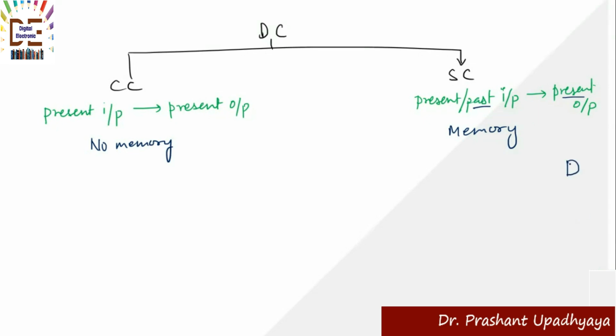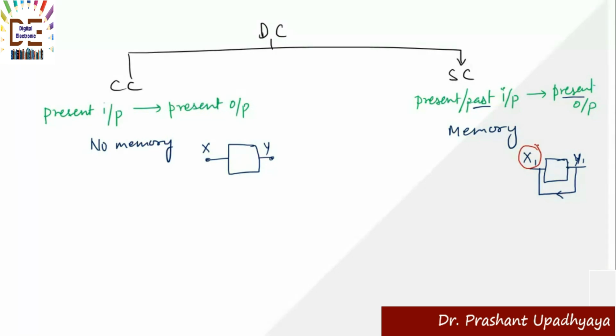When we say that the present depends on the past, that means there is some connection. Let's say I am drawing one circuit. This is my, let's say, Y, and this is my Y again. My input is X, whatever input I give as X, I get the output Y. Whereas if I talk about X1 and Y1, the Y1 can depend on the X1, and if there is any feedback coming like this, this Y1 can come back here.